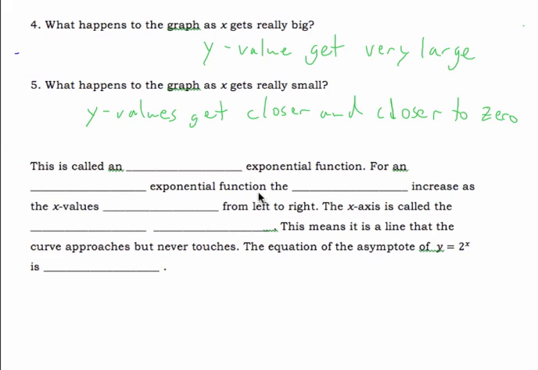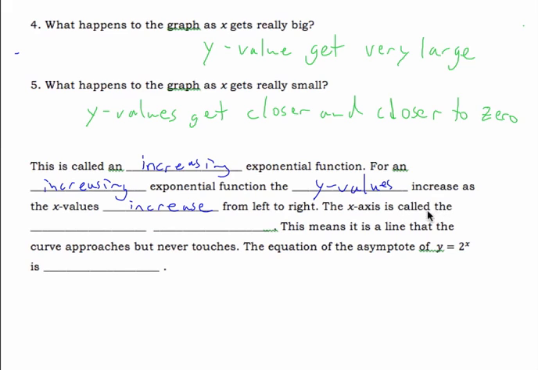Alright, so let's try to fill in these blanks. This is called an increasing exponential function. For an increasing exponential function, the y values increase as the x values increase from left to right.